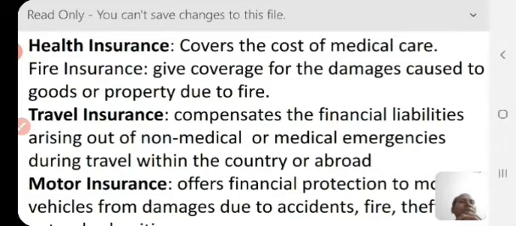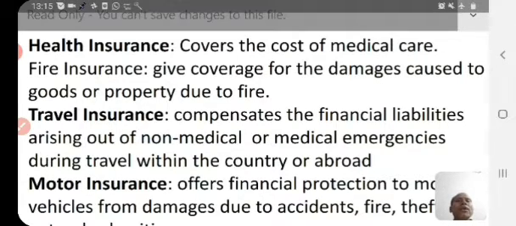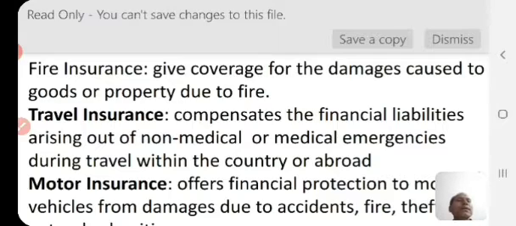Fire insurance gives coverage for the damages caused to goods and property due to fire. If the same computers are affected by a short circuit and the 20 computers are burnt, in such situations, the insurer will pay the amount.